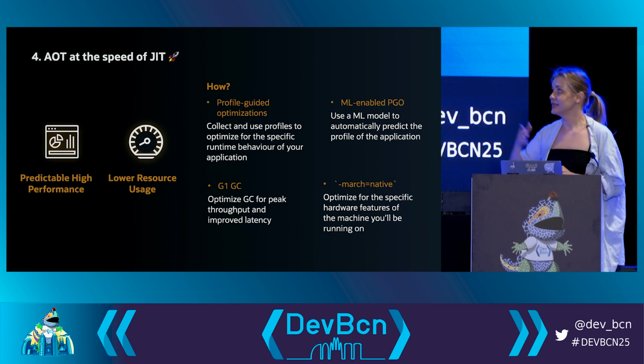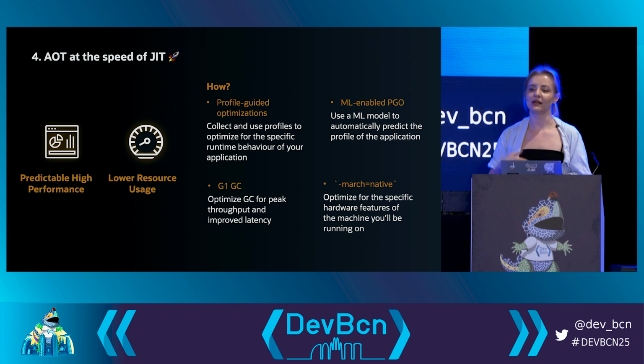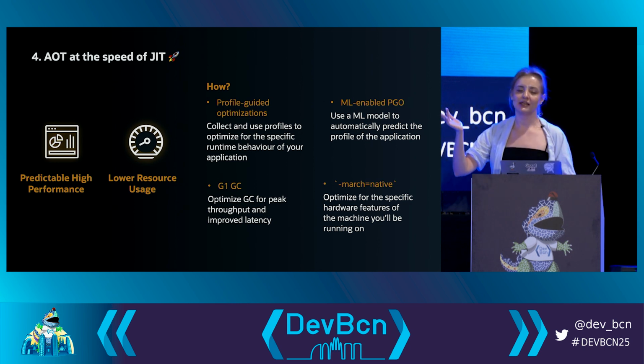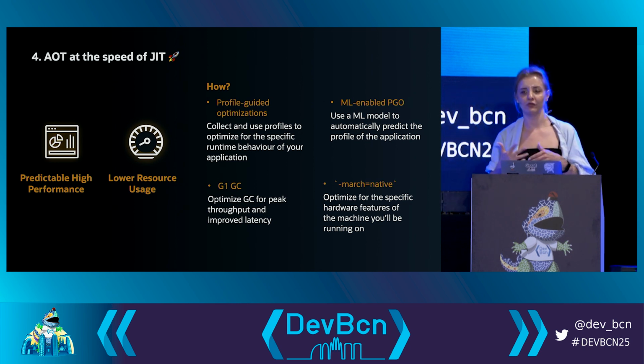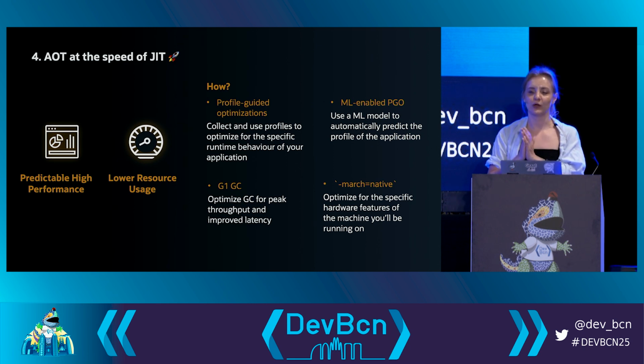But what you can do is PGO, and that is you can do this two-step process where you are building an instrumented version of your application, run it, apply a relevant workload, and then when you shut down your application, we will create a profile file of your application that will tell us, when you next compile your application, what happened at runtime and which parts of your application were warm.